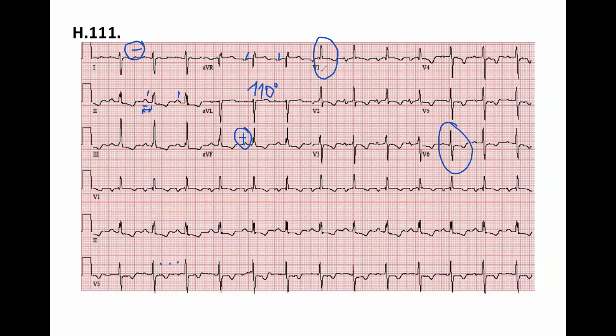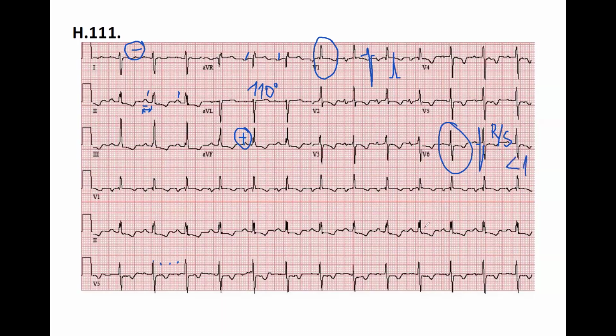It is not a left ventricular hypertrophy for sure, because normally this is what you should see in V1, yes? And instead of this, you see an R wave. And here in V6, what you see is an RS. If you are looking at the RS ratio, it's less than 1, yes?